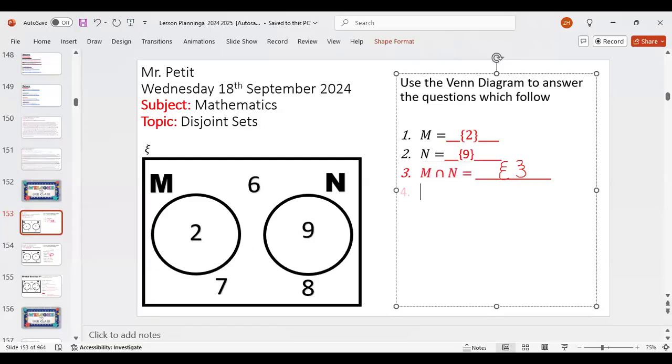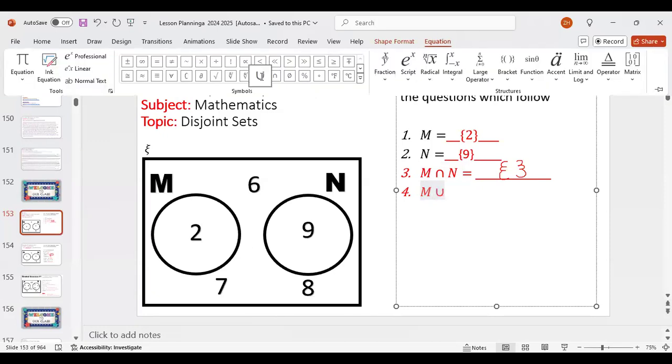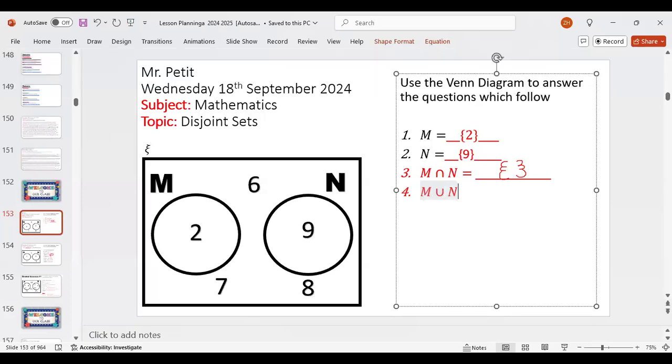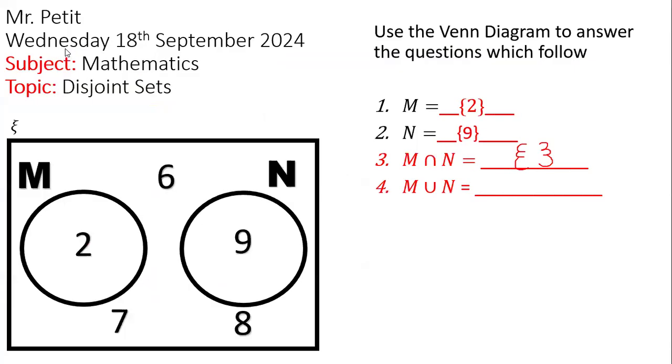So it's going to be M union N. I want the union of these two sets, M union N. Put your hands inside the chat, please. I only see a few of y'all answering inside the chat. Let me know what you have. The union of M and N.